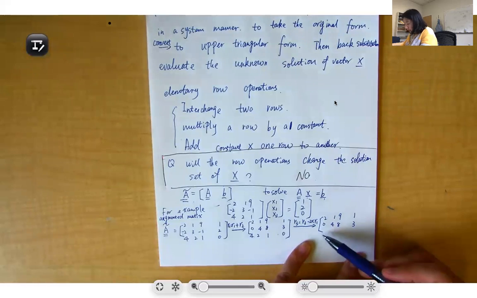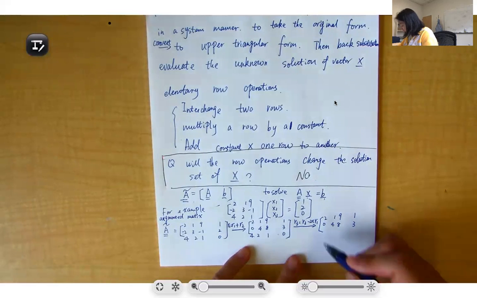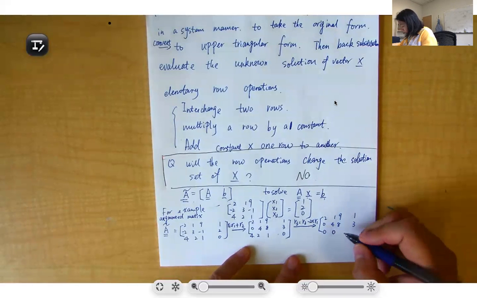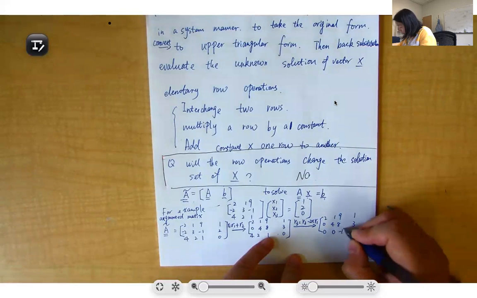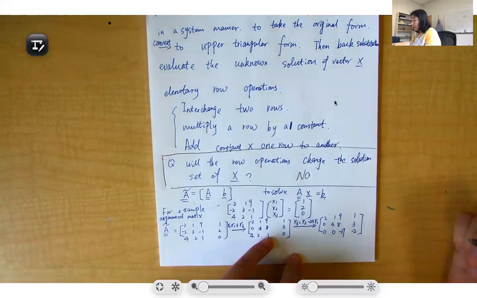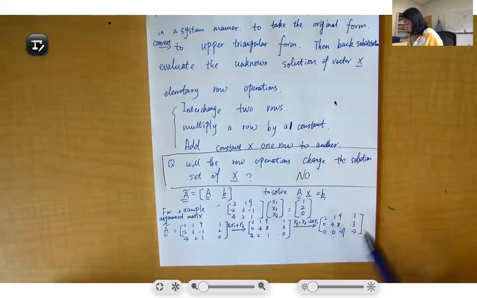But the third line, minus 2 times the first row, will be 0, 0, minus 17 and minus 2. So this is the new augmented matrix after the row operations, and you can see it becomes an upper triangular matrix after these 2 operations.